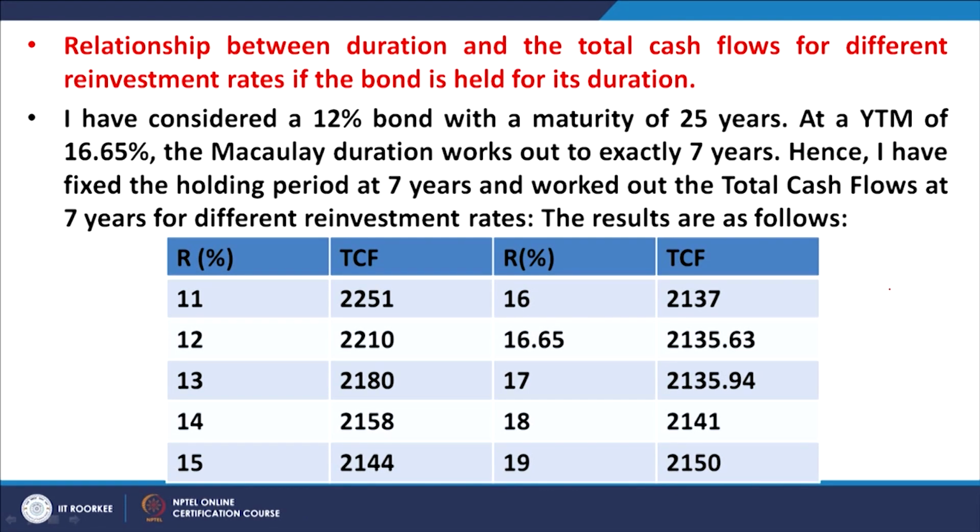This shows that if you fix your holding period equal to the duration of the bond, then if there is a small change around the YTM, remember YTM is 16.65%, either upwards or downwards, either 16.65% goes to 16% or 16.65% goes to 17%, let us assume, the change in the total cash flows is minimal, it is very, very small.